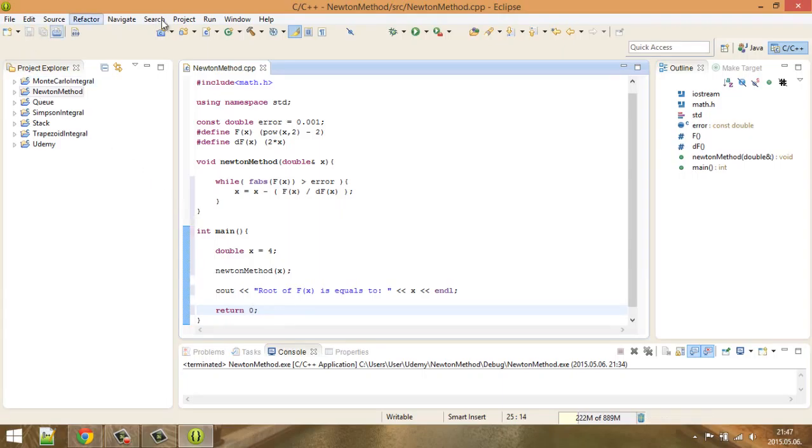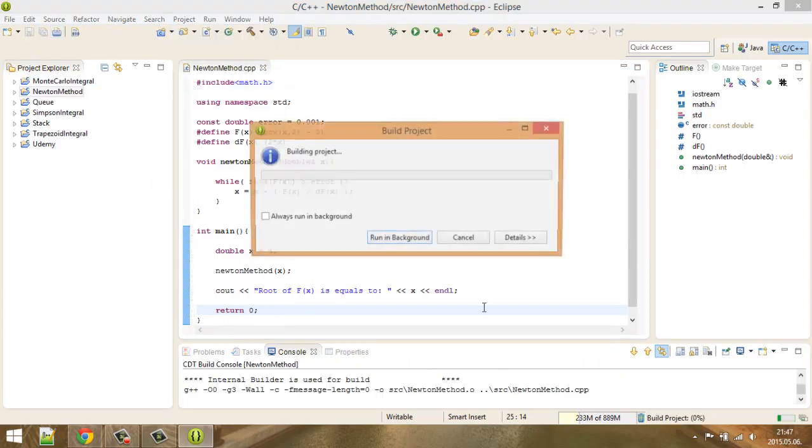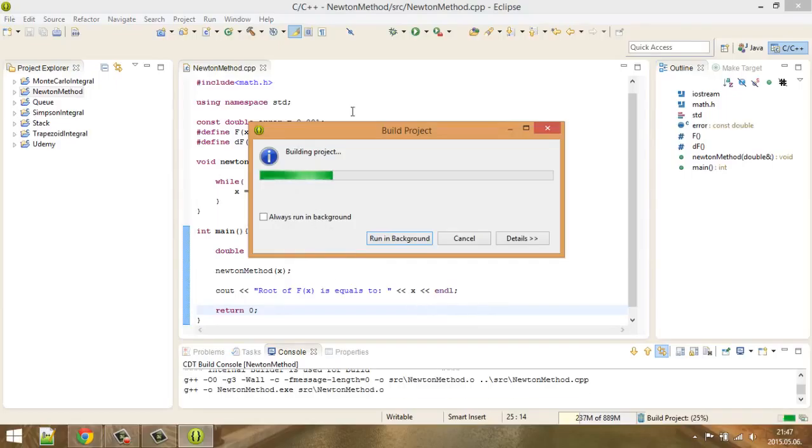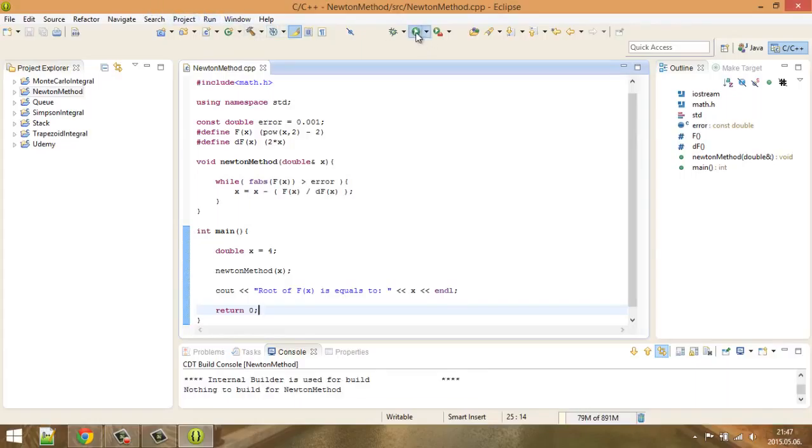So here we should get the square root of 2, which is approximately 1.42, I think, something like this.